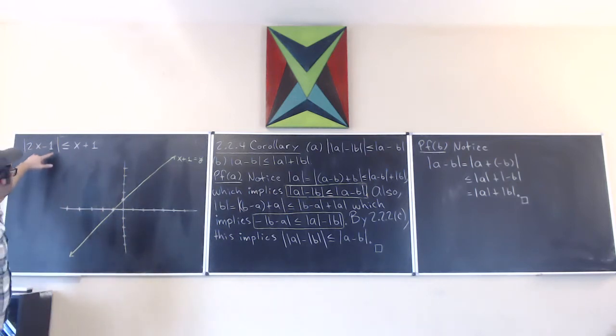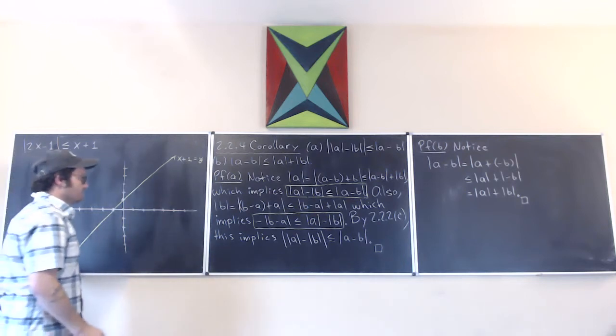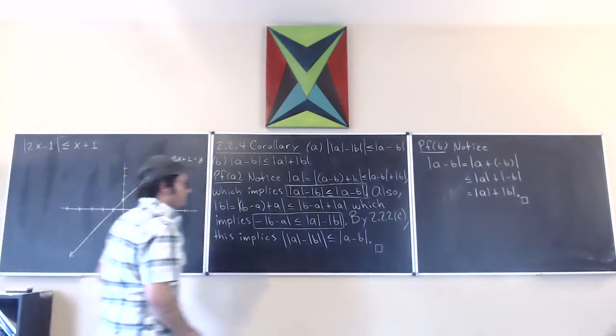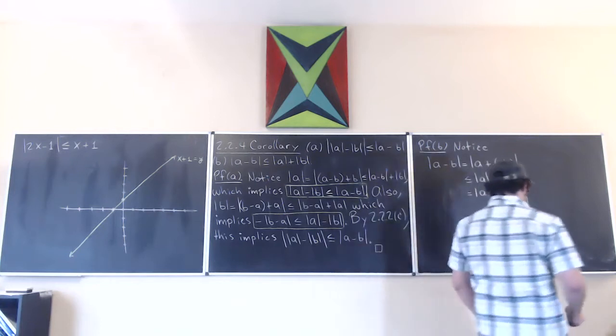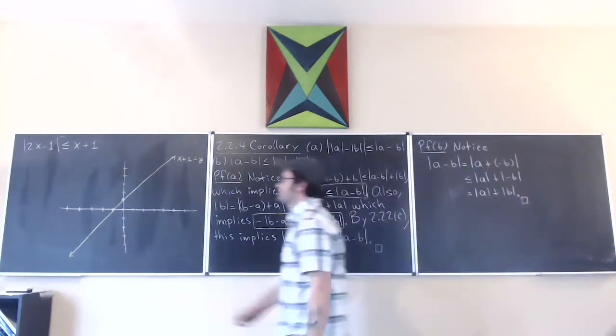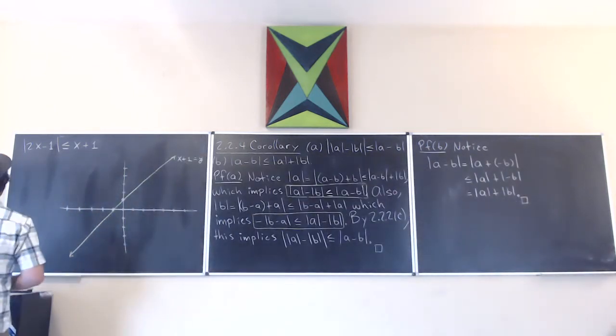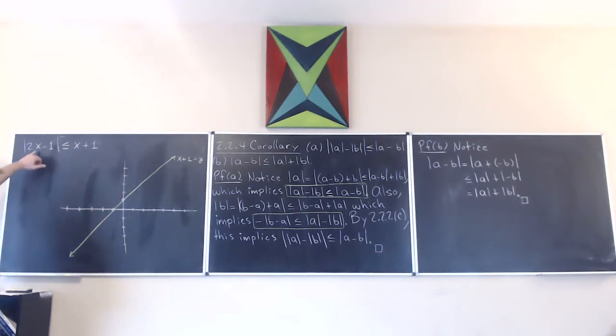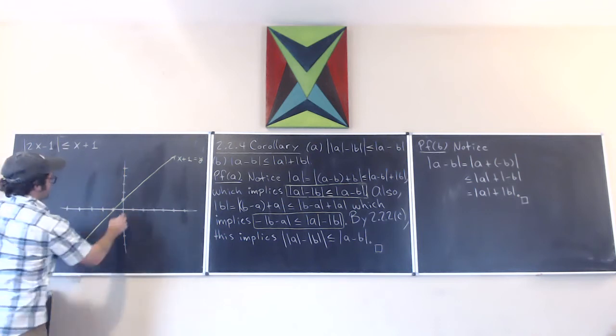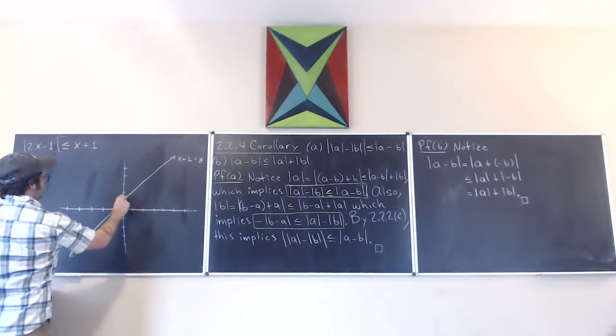So then this is the absolute value. So what does that look like? When x is equal to 0, we just have the absolute value of negative 1, which is positive 1.